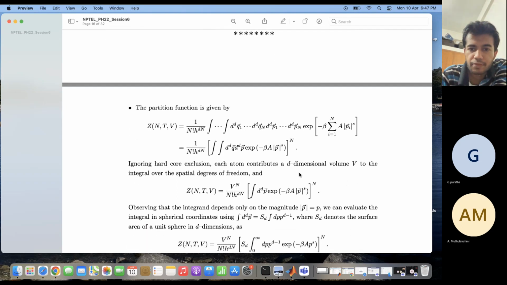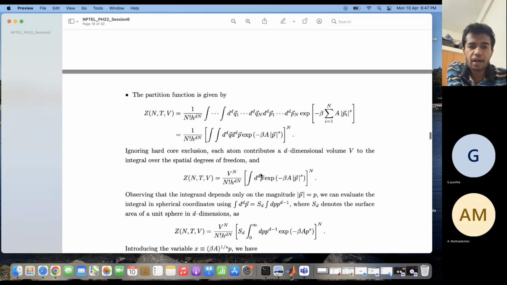Basically this simplifies to the product of these two integrals raised to the power of N. Why? Because all the individual momentum coordinates have the same particular form.